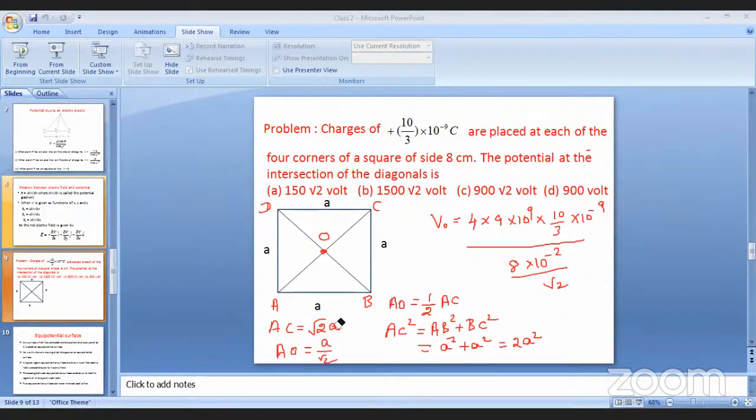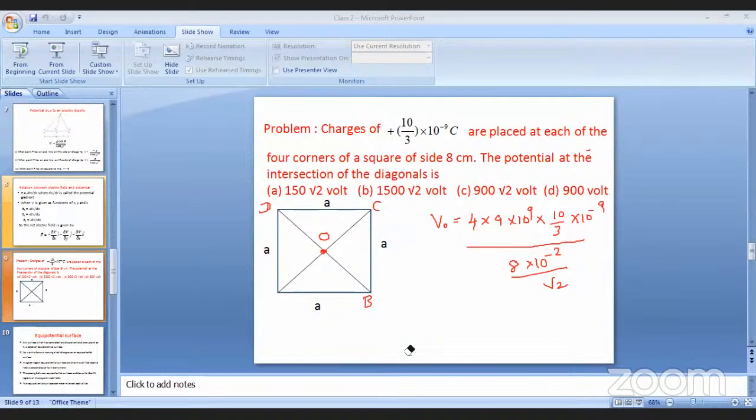Let me erase these things also so that I can write a few things here. So this potential VO equal to 4 into 9, that is 36, 36 into 10, 360, into root 2 into 10 power 2. I am simplifying this.